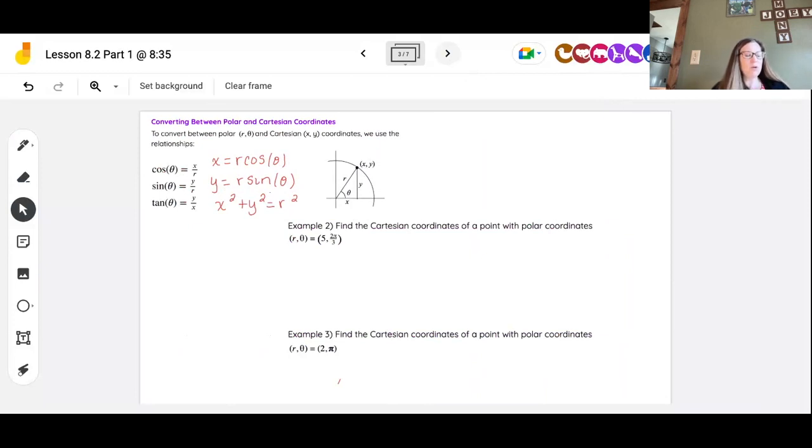Find the Cartesian coordinates of a point with the polar coordinates 5, 2 pi over 3. We know that 5 is our radius, and I know that 2 pi over 3 is our theta value. And if I'm looking for the Cartesian plane, I'm looking for x, y.